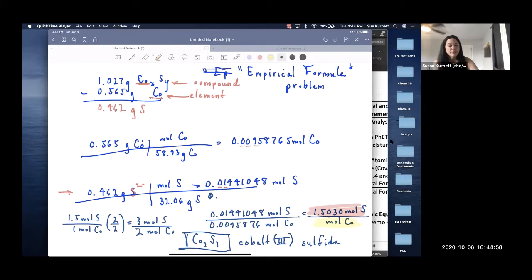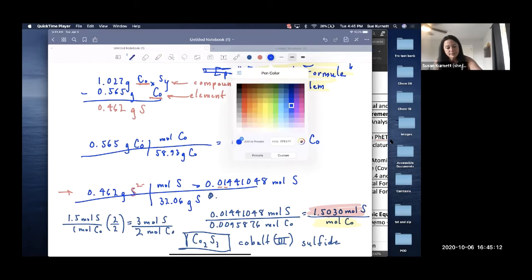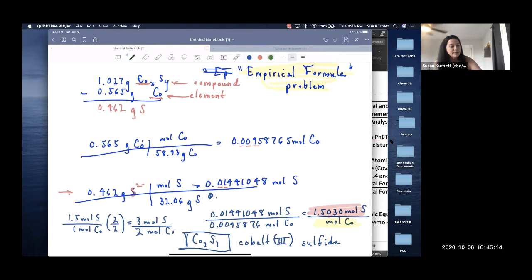Okay, to highlight the main points, an empirical formula is a formula that we come up with for a compound empirically, which means in the lab. And the first step in solving the problem is to get the kinds of elements, the masses of them by themselves, and then convert the masses into moles of atoms.